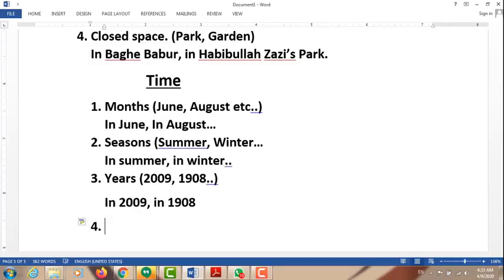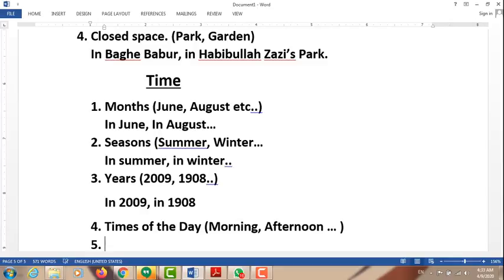Next is number 4. You can also use it for times of the day. What are times of the day? Times of the day are like morning, afternoon, and so on. For times of the day, you also use what? You use "in".